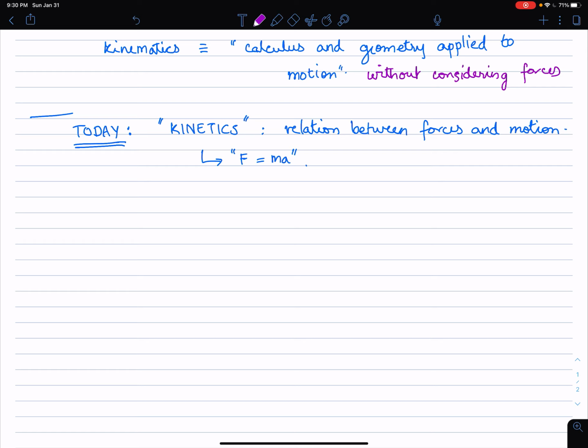Okay, so the first equation, the most important equation that we learn in kinetics is, of course, the so-called Newton's second law.